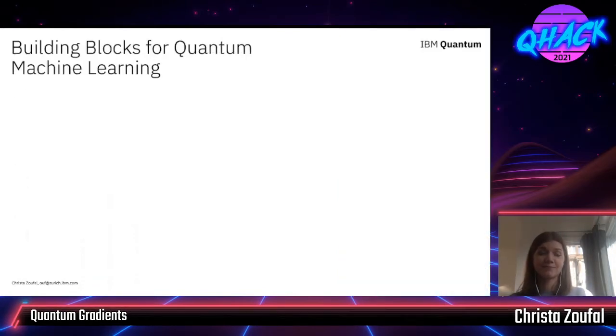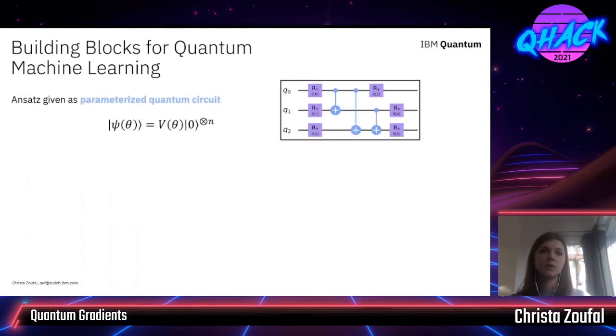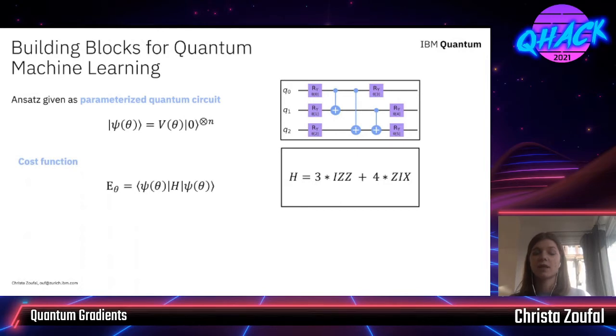So what are the basic building blocks for this concept of QML algorithms? Well, as mentioned, we have a parameterized quantum circuit, which acts as our ansatz. We have a cost function, which in this setting is an expectation value.